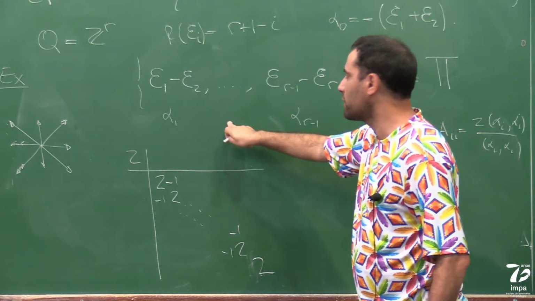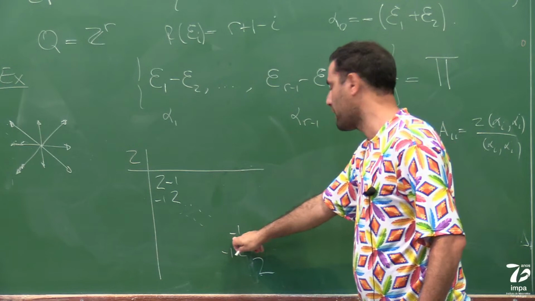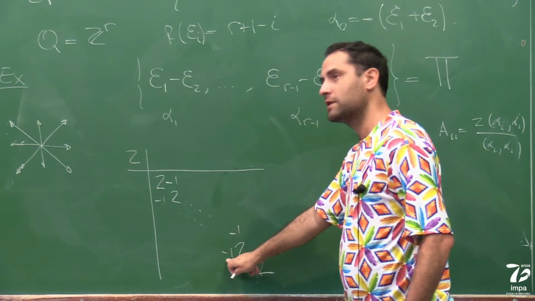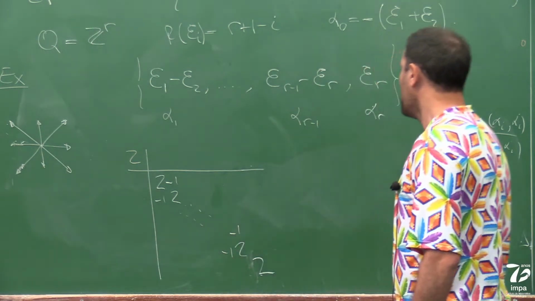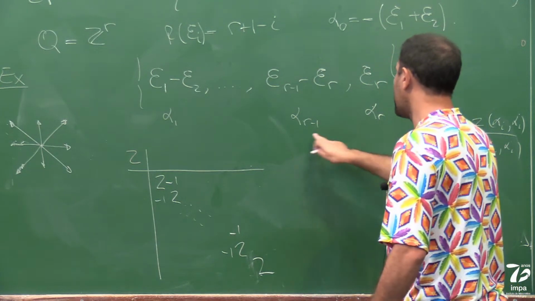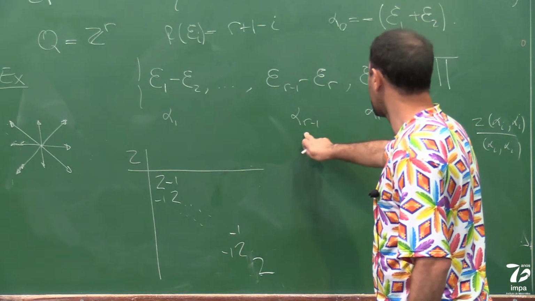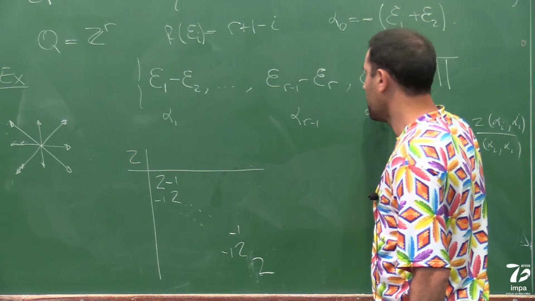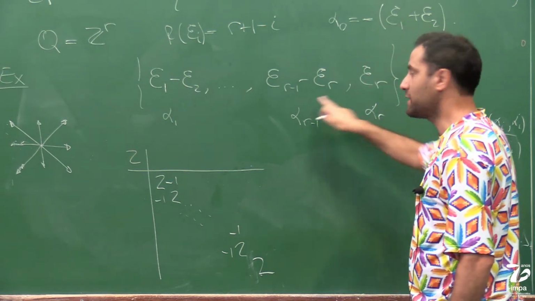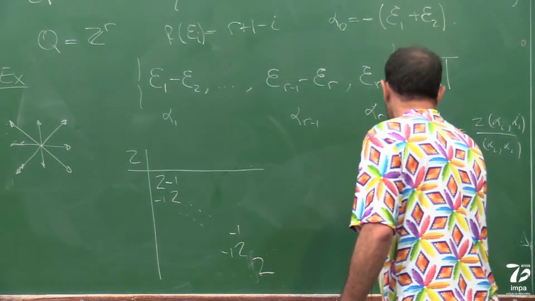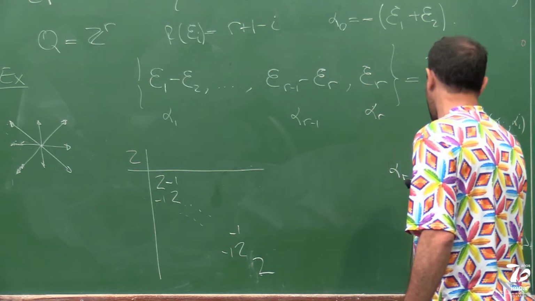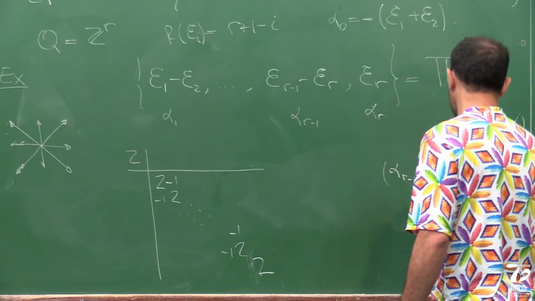Well, it doesn't have a zero inner product with the previous one. That's the minus 1 that we see here. However, for the entry r minus 1, r, I see a non-trivial inner product. I see a minus 1. So the inner product of alpha r minus 1 and alpha r is equal to minus 1.